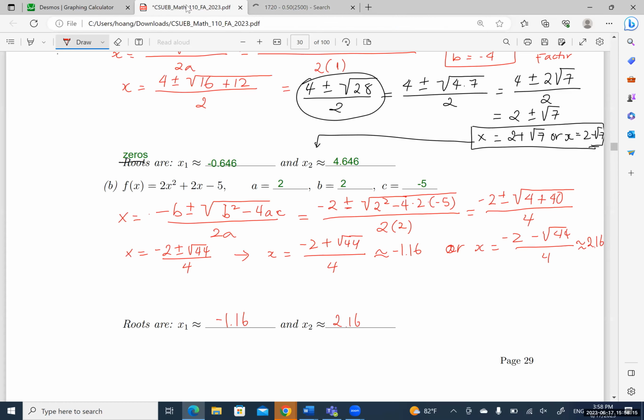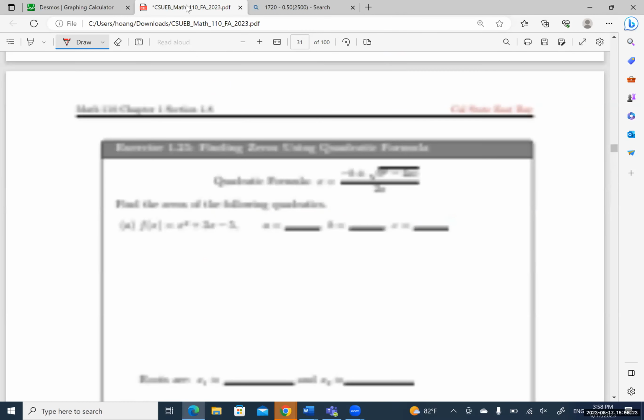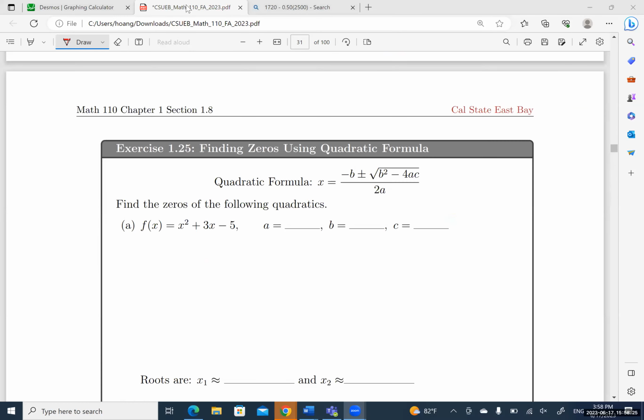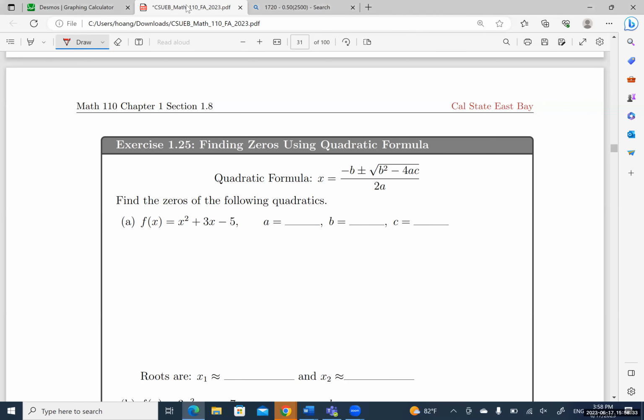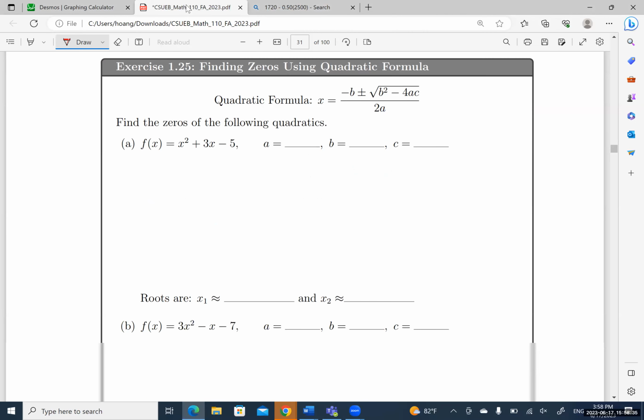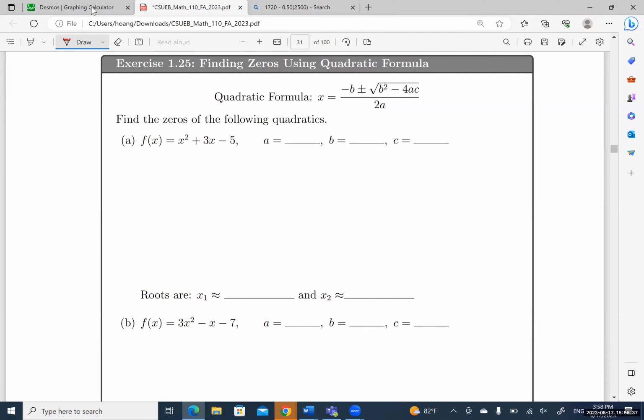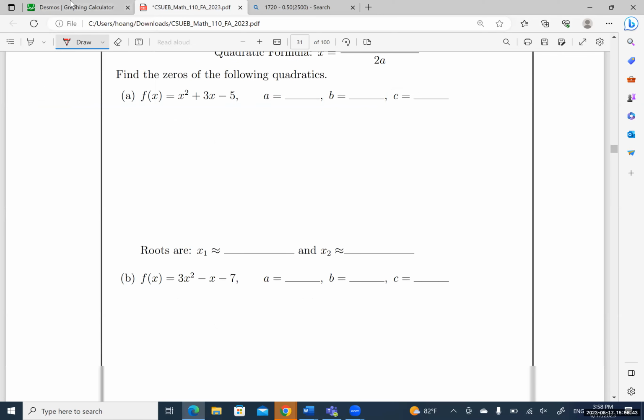Okay, so let me move on. Again, this one we also have to use the quadratic formula, but I will skip this one and let you do that. I can give you the answer key to practice with that.